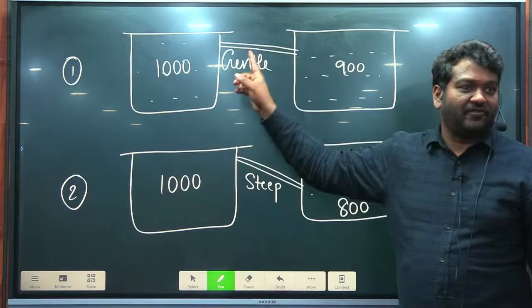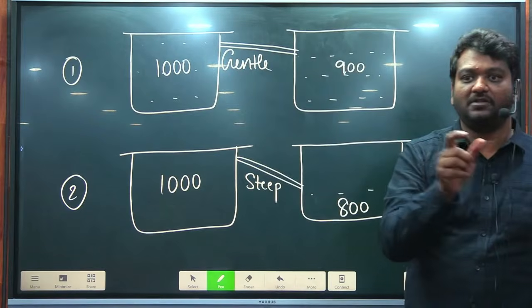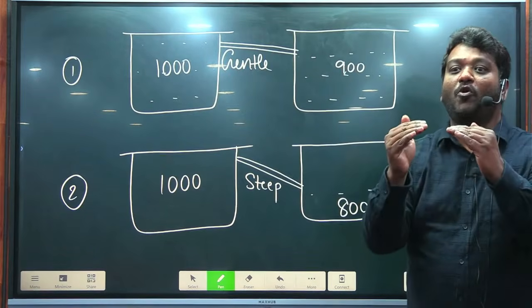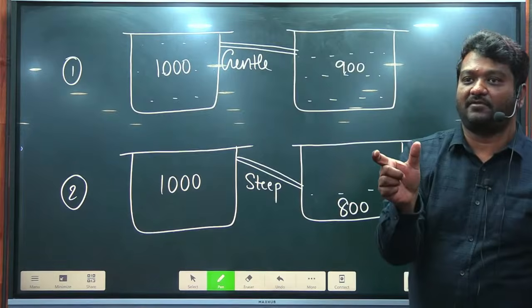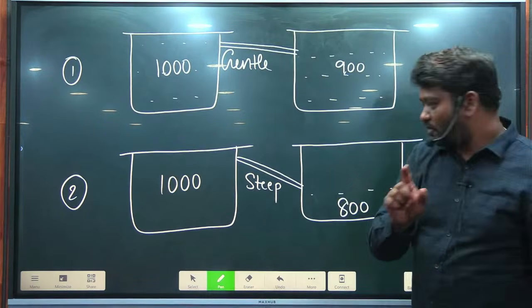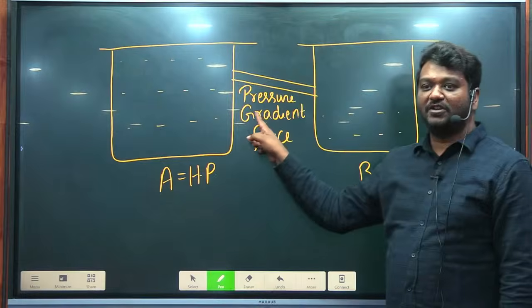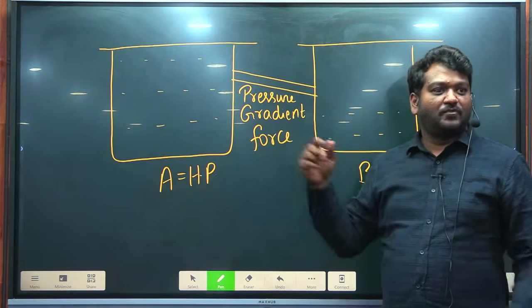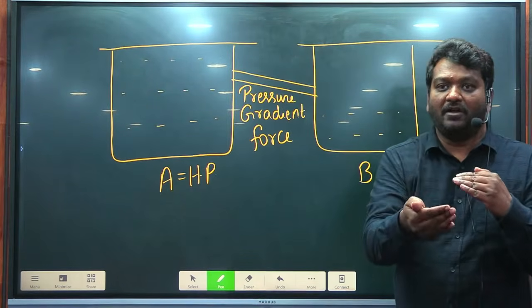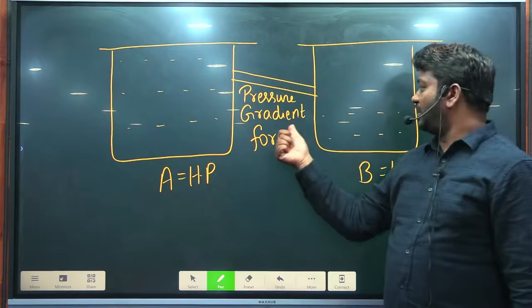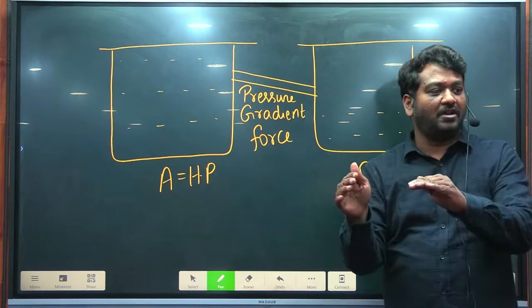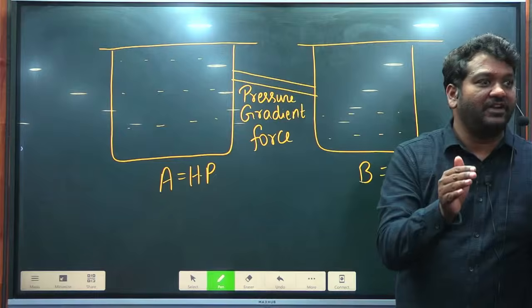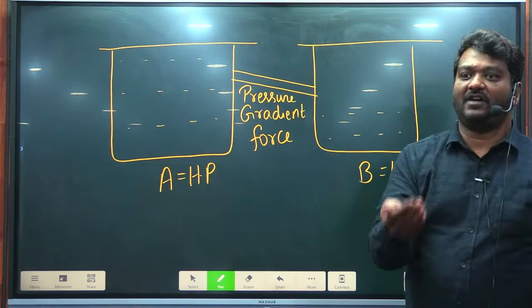Less pressure difference means what? Gentle slope. Now slope means what? Gradient. So we use the term gradient. So the speed of the wind depends upon gradient. If it is gentle, it will be slow. If it is steep, it will be faster.